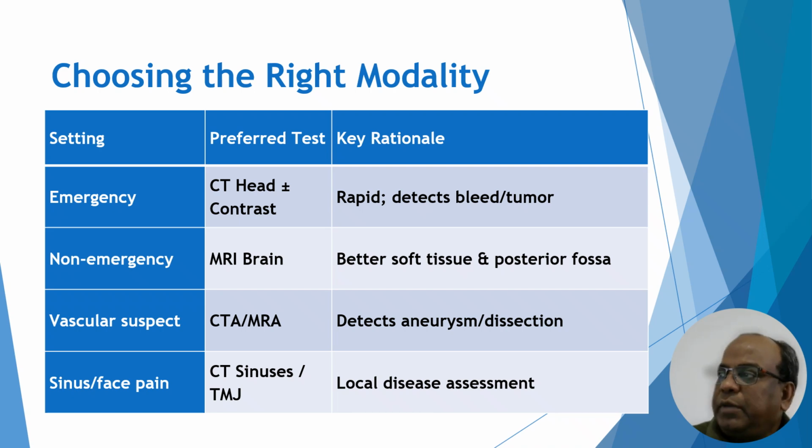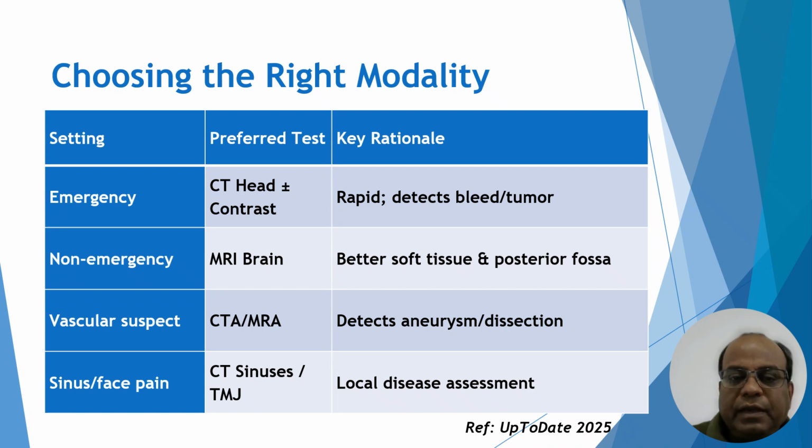In most emergencies, for identifying bleeding or tumor rapidly, CT scan of the head with or without contrast is preferred. For non-emergency conditions where soft tissue lesions or posterior focal lesions are suspected, MRI of the brain can be done.